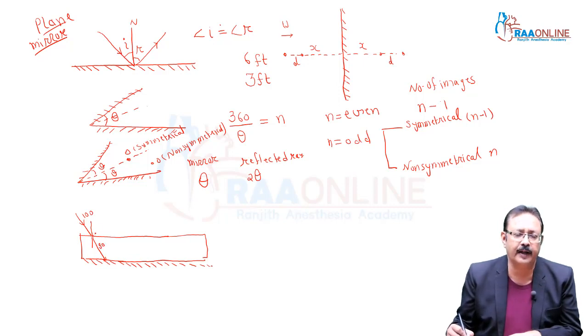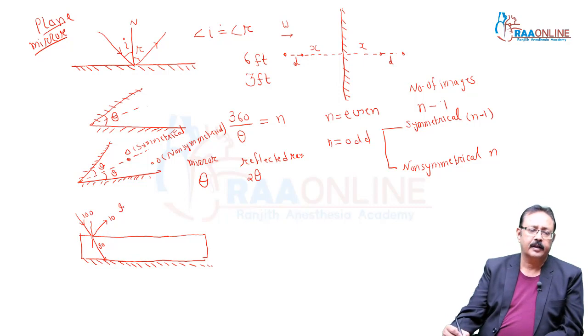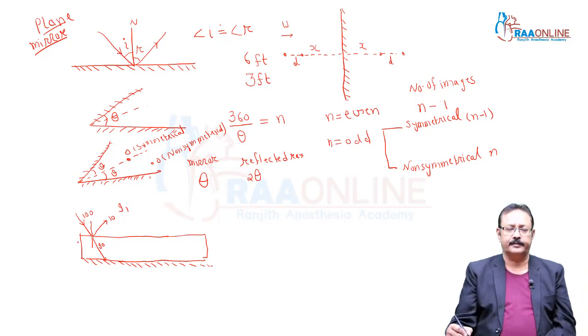Some will reflect, suppose 10. So the first image is formed by these 10 rays. Now after reflection, 90 rays will move toward the other surface. Again refraction will take place.